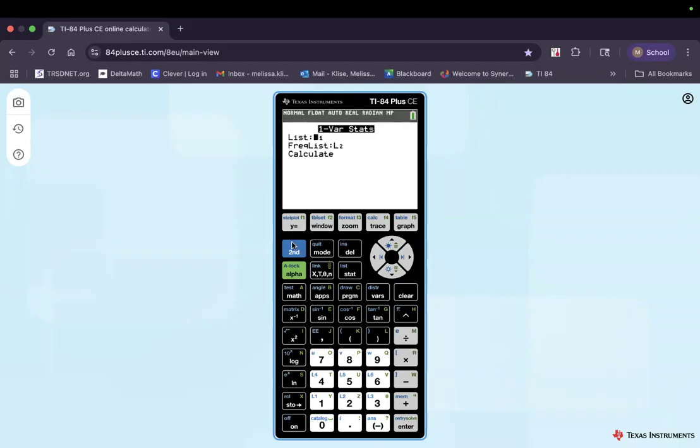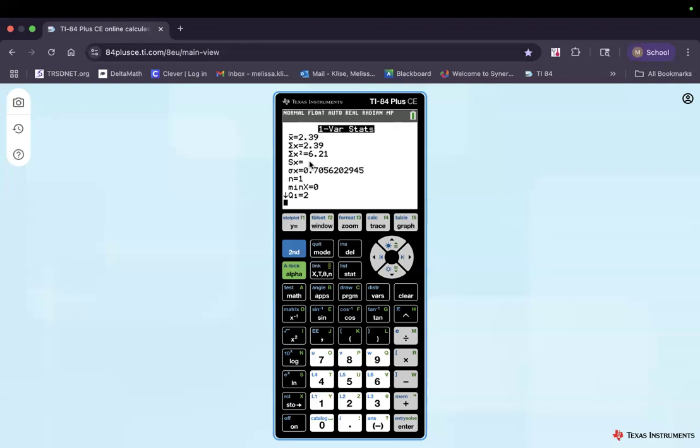My list is second 3, that gives me L3. My frequency list is second 4, that gives me L4. Now, if you did 1 and 2 instead, it doesn't matter. Wherever your data values are, that's your list. Wherever the probabilities are, that's your frequency list. And hit calculate. This is the same expected value that we had.